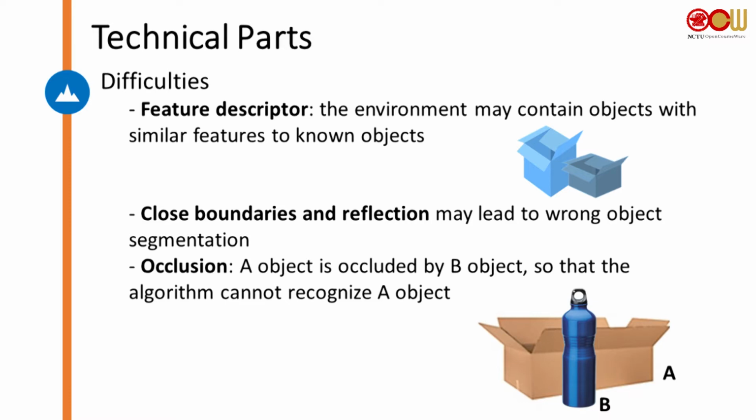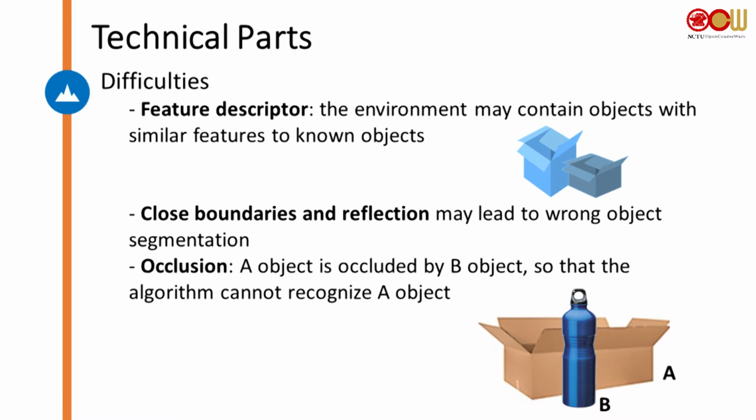The second one is close boundaries and reflection. If two objects are adjacent to each other and their boundaries are really vague, we cannot separate them accurately. If the camera captures an object that has high reflection, we cannot see the object directly. These two may lead to wrong object segmentation.